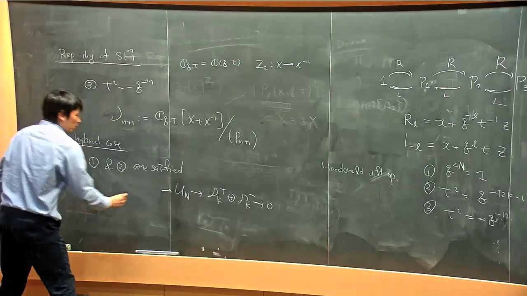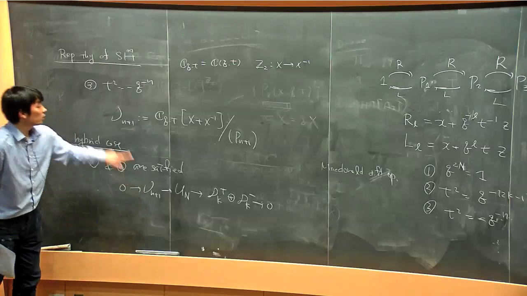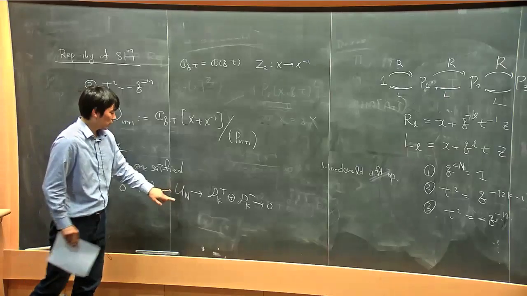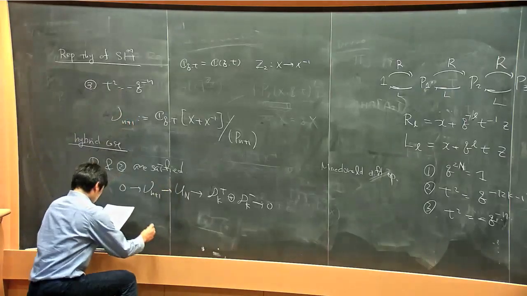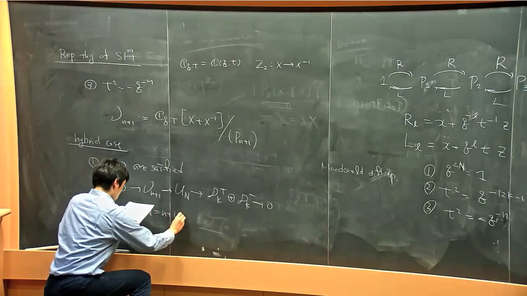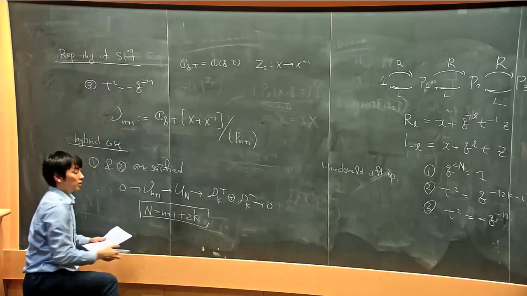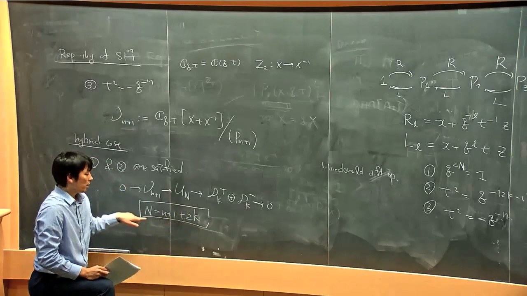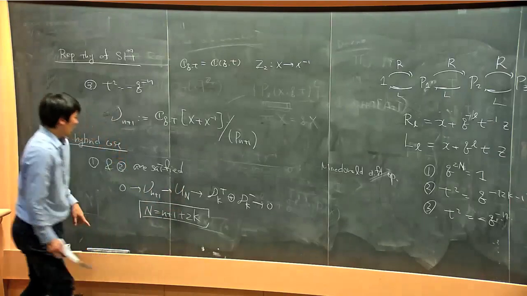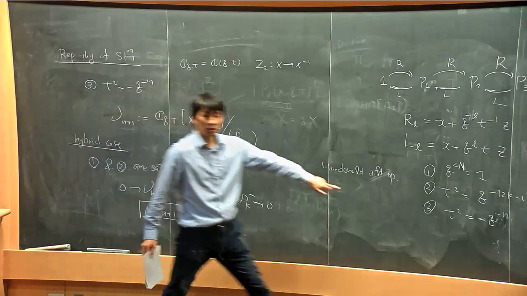And in fact, you have Bn plus 1 goes to 0. So this V shows up when you take the quotient. Sorry, I should mention that capital N is equal to n plus 1 minus plus 2k. So there is a relation between capital N, small n, and k. When they are related to each other, you have a short exact sequence. So once you impose the 1 and 2 conditions, you immediately get the number 3.